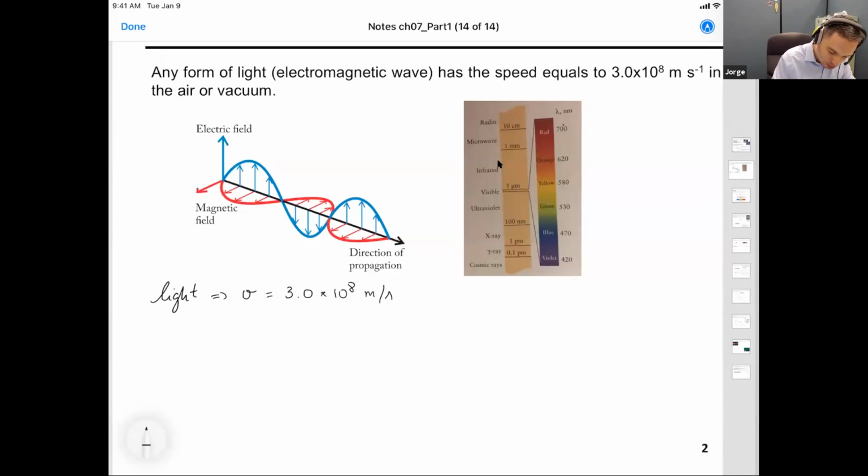What I want you to do here is to calculate the frequency for the red light and the frequency for the violet light. In the figure, I'm showing the wavelengths for red and for violet. Attention here that the unit is nanometers. Let's give you a couple minutes and then we will solve together.